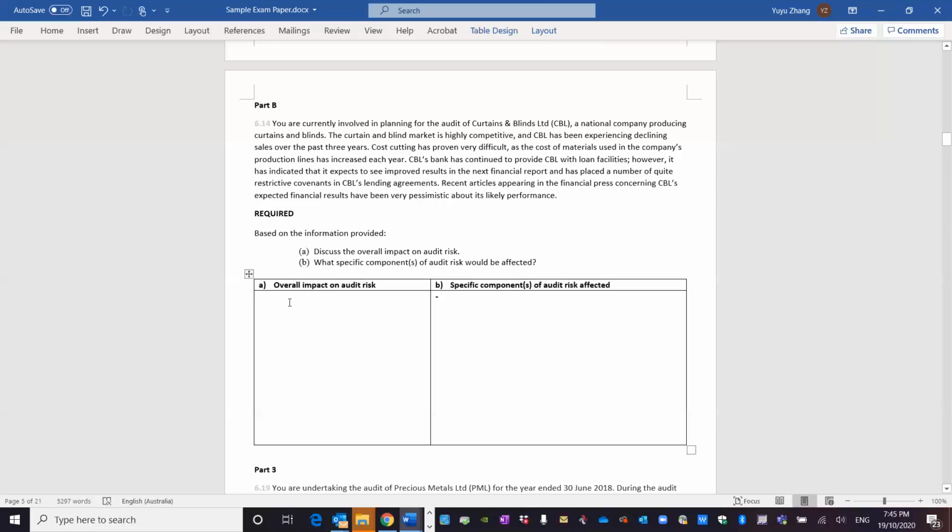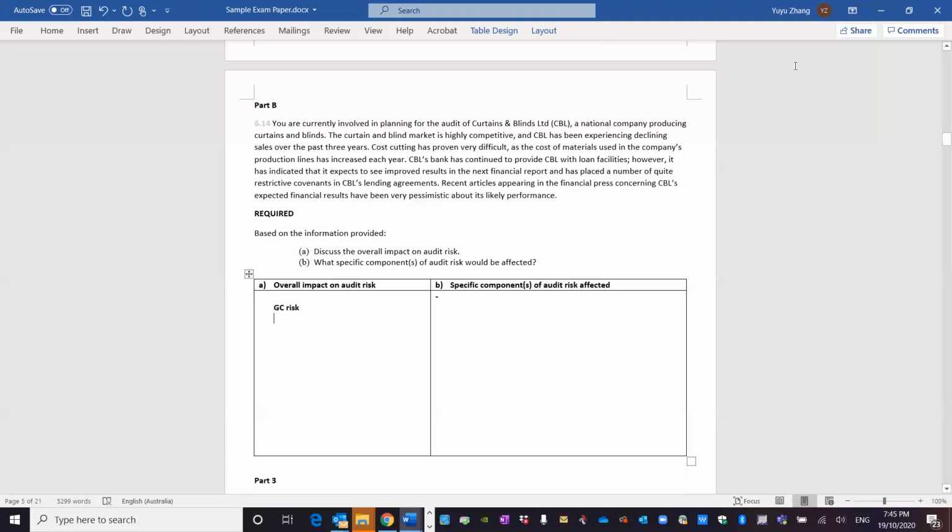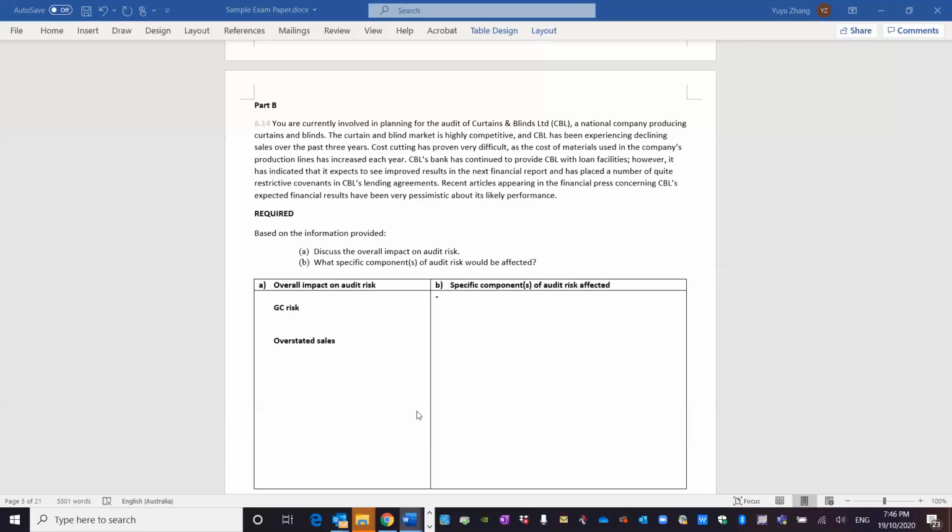So as Megan provided, it seems a going concern problem. So that is going concern risk, right? Kim also suggests overstated sales. Any other suggestions?